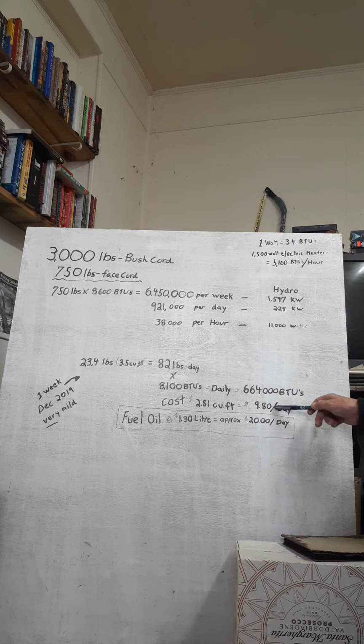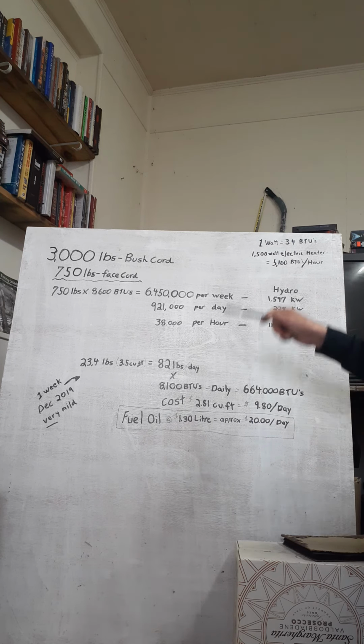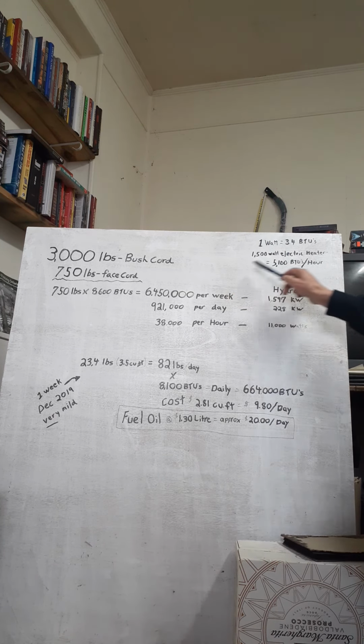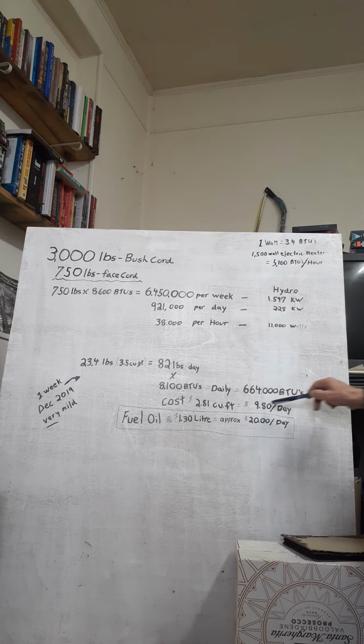And I can compare my costs. I know I'm going to burn a face cord a week and a bush cord a month. Your house, well, it all comes back to how many BTUs of whatever energy did you consume last year. That's how much wood you're going to need in pounds.